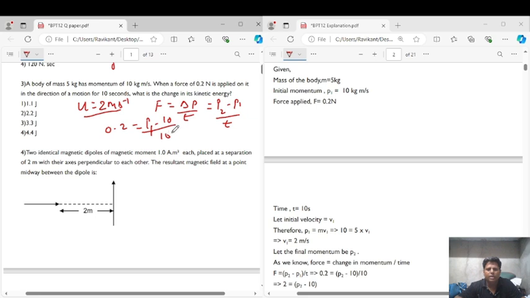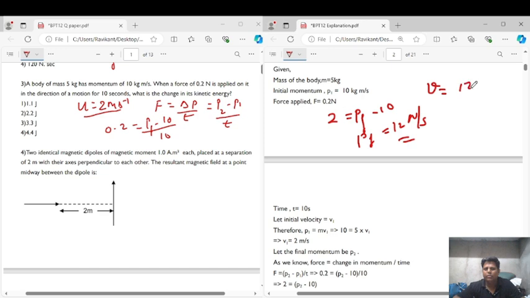So from here we get 2 is equals to P final minus 10, right? So P final is equals to 12 Newton second, so final velocity v will be equals to 12 upon mass 5, so this is equals to 2.4 meter per second. So from this we'll get the final kinetic energy.